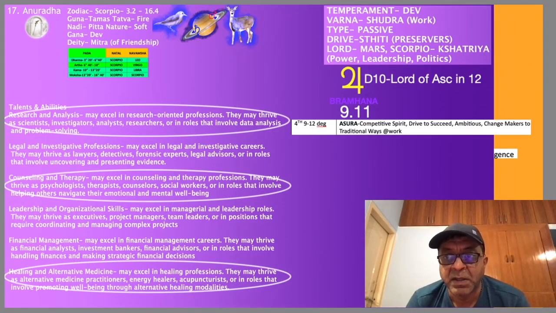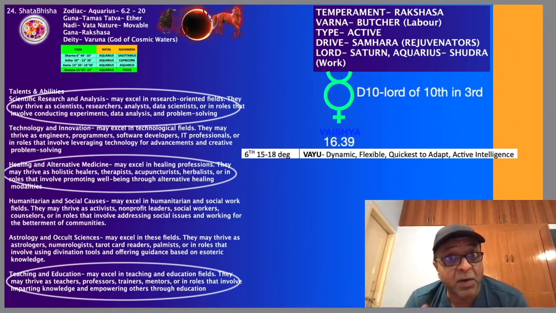Yes. Now, let's see the D10 Lord who is sitting in Shatabisha Nakshatra in the third house. It is Mercury now. So, we are talking strictly intellectual mind, which is sitting between 15 to 18 degrees in the Vayu angle, which is dynamic, flexible, quick to adapt, their intelligence, all the things that Mercury loves to do.